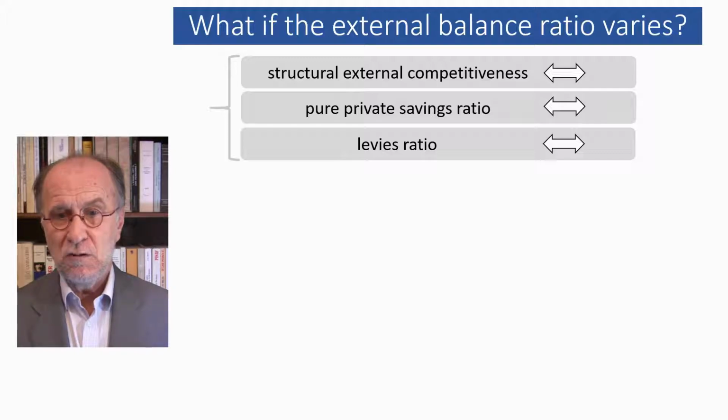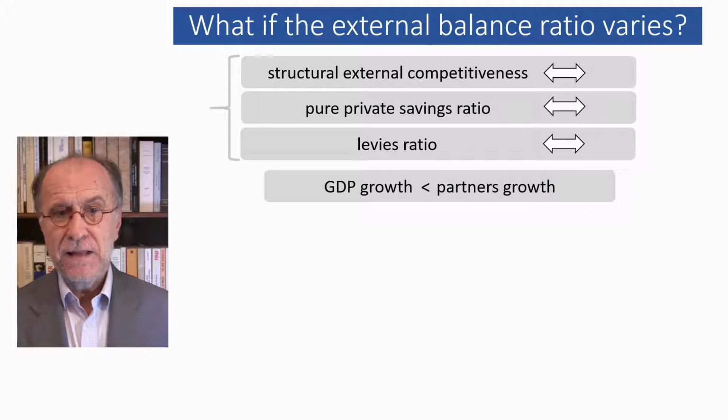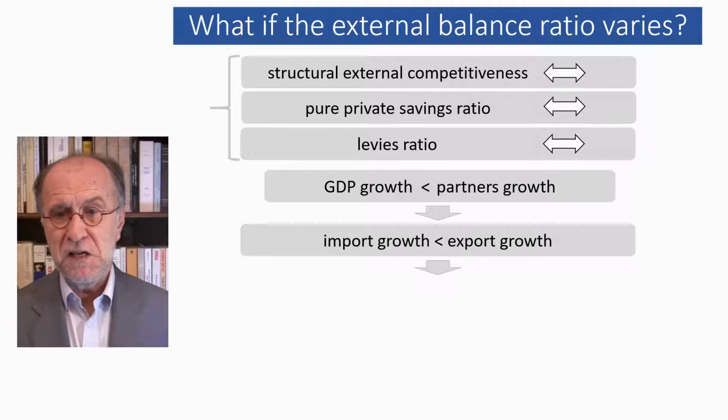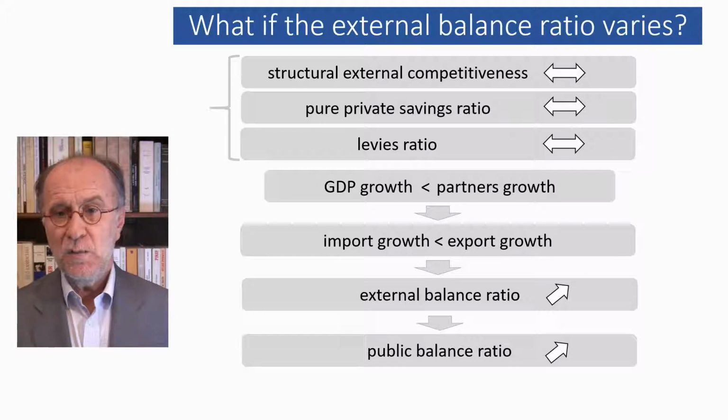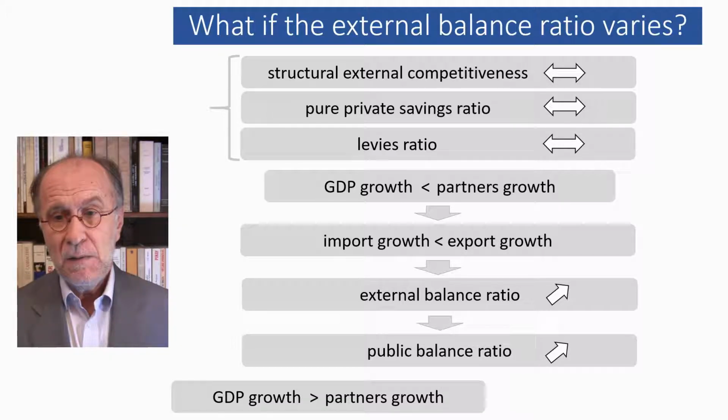If an economy's growth is weaker than that of its trading partners, then, because external competitiveness is assumed to be constant, exports will perform better than imports, so the external balance ratio will improve, and in turn so will the public balance ratio. If an economy's growth is stronger than that of its trading partners, the opposite will happen. Based on the assumption I've just mentioned, the public balance ratio will deteriorate.